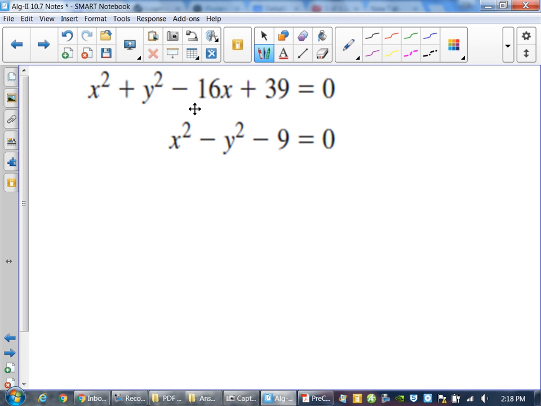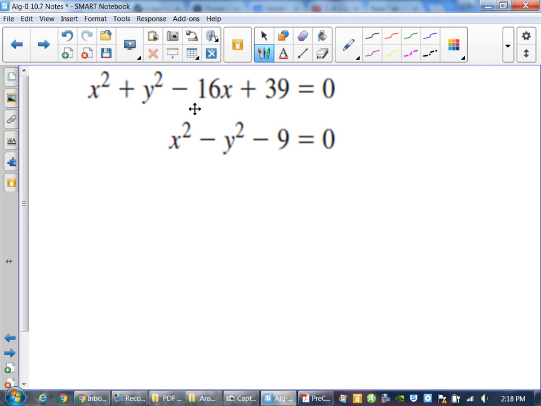Okay? So in this scenario, you'll notice that you've got x squared, y squared, and an x, and in the other equation you have an x squared and a y squared. Which one do you think you're going to get rid of? I'm going to get rid of the y squareds. Remember how you did linear combinations before?